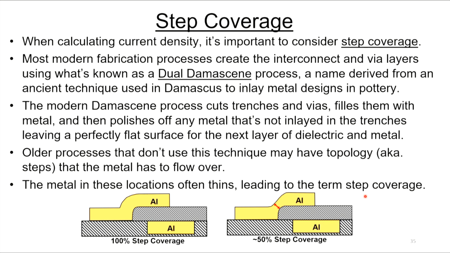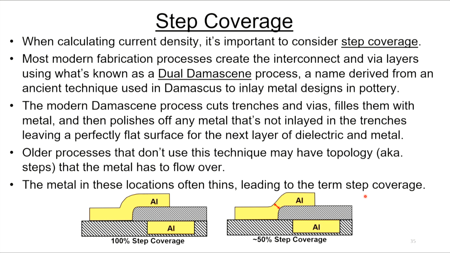However, we have the modern IC Damascene process, and it cuts trenches and vias, then fills them with metal, and then polishes off any metal that's not inlaid in the trenches, leaving a perfectly flat surface for the next layer of dielectric and metal. And that's how you can do 6 layers of metal or 20 layers of metal, because every one is starting out with a perfectly flat surface.